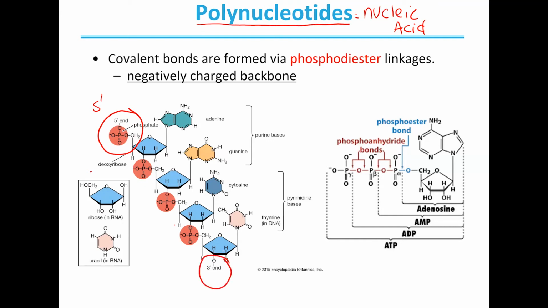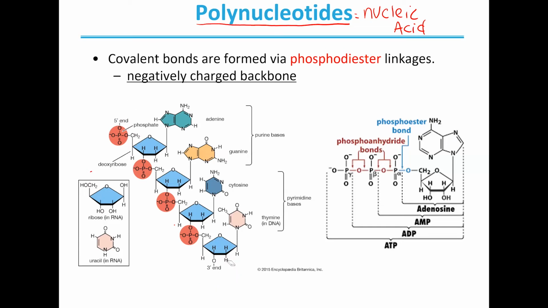Oppositely, here you can see on our other end, the 3' position of this nucleotide is also open. And again, that's because it is not continuing in growth as a polymer. Because that 3' position is open, we call this the 3' end of any polynucleotide chain. So when we're talking about naming a polynucleotide, we typically are going to be using this nomenclature 5', 3'. So understand what it means, where it's coming from.